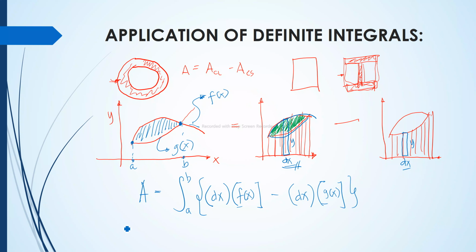So simply speaking, this is the integral of the y upper minus the y lower, dx, from A to B. This is if our differential element is vertical.